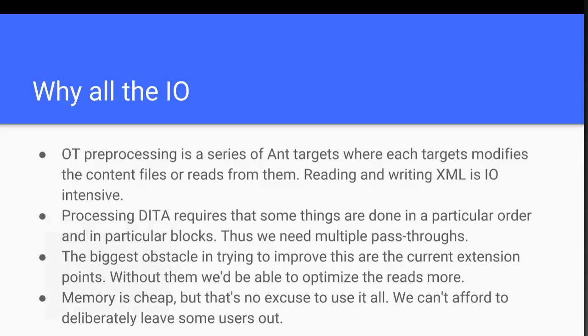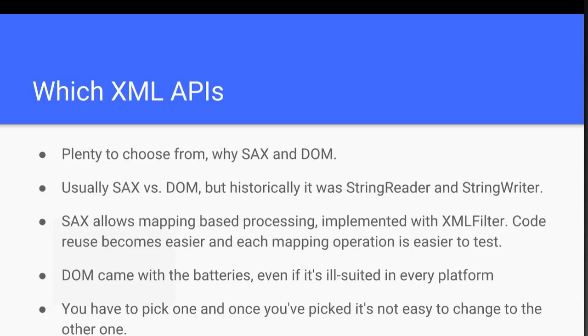So it streams through the XML file and it doesn't retain any of the information once it's done. DOM, on the other hand, builds a tree and keeps everything in memory, which means it can cause your JVM to run out of memory.